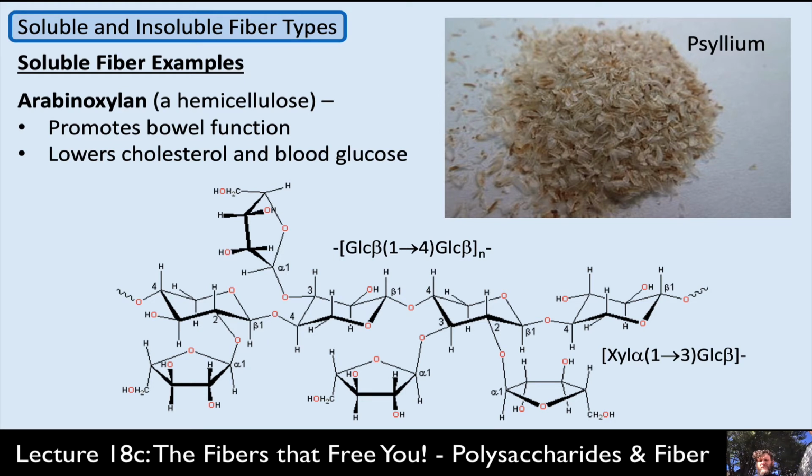Psyllium husk is basically like Metamucil or something like that. There are a lot of dietary supplements that old people will eat that have this. Anybody can eat psyllium. It can certainly add a lot of soluble fiber to your diet by having some psyllium.